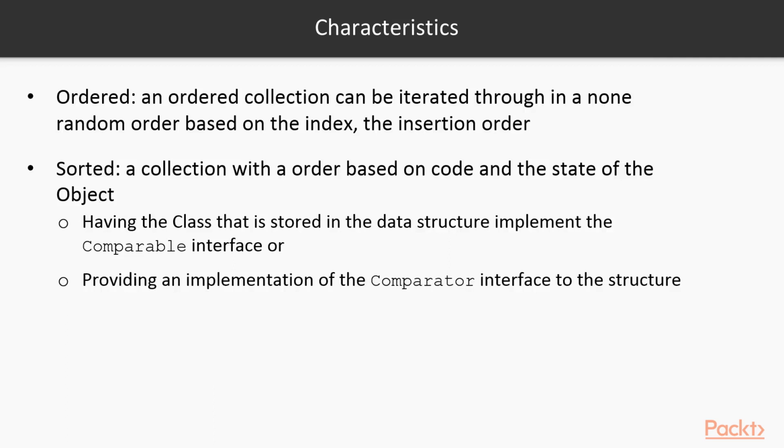There are two ways to sort objects in a collection. The first one is having the class that is stored, the objects that are stored in the collection, implement the comparable interface, or by providing an implementation of comparator given to the collection. This will be clarified as we will look into examples.